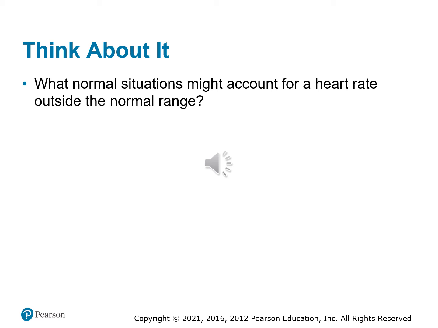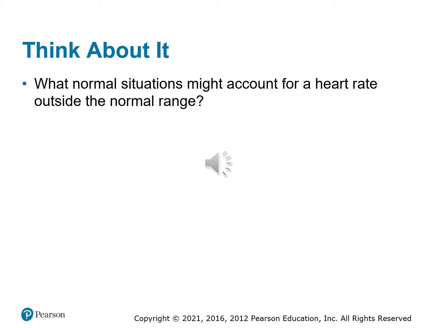So just thinking here, let's say you roll up on a call, you find a patient with a heart rate that's outside of the normal range. We'll say it's elevated. What would be some normal situations that you might think about? Things off the top of my head are activities, sports type activities, or if it's a football player that just got injured and they've been exerting out on the field, probably pretty normal that they're going to have an elevated heart rate.